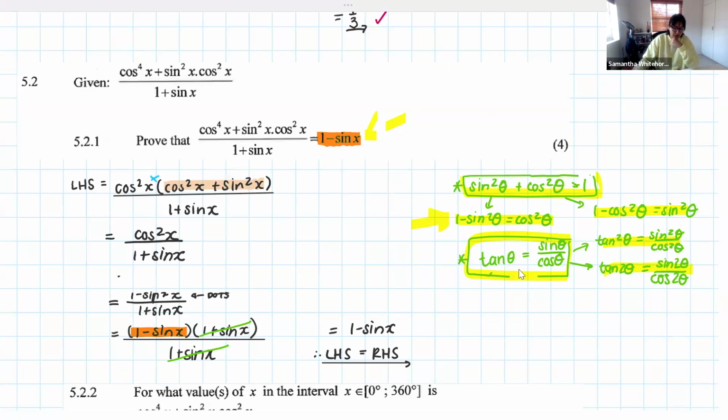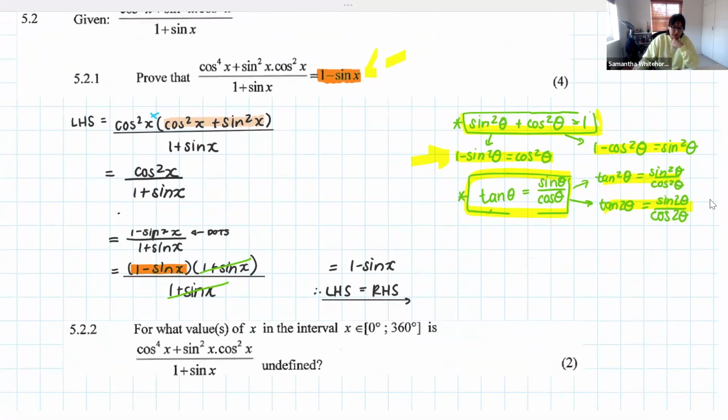Cool. Okay. So often in identity questions, we will ask you to prove an identity, and then we move on to maybe something like, hence determine the value of this expression, and then you could use your identity. I'll give you an example of that in a second.